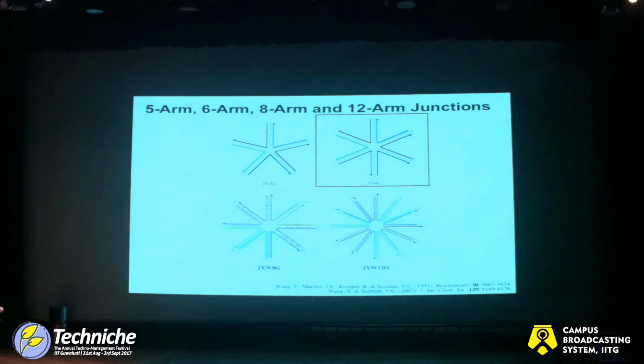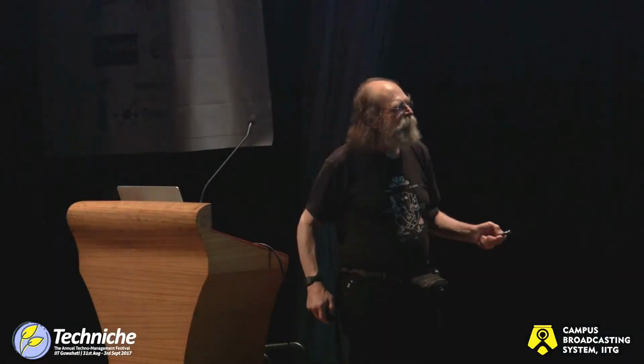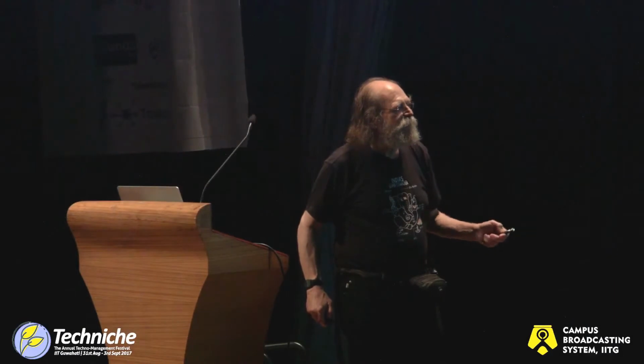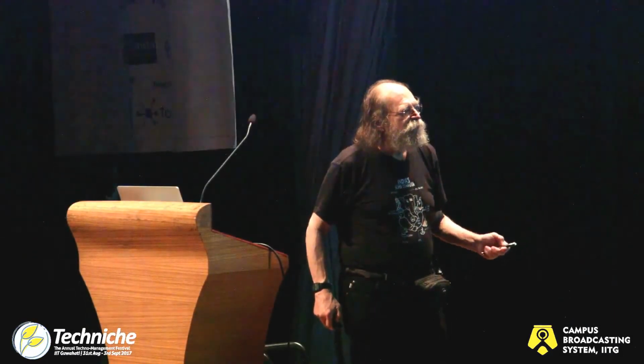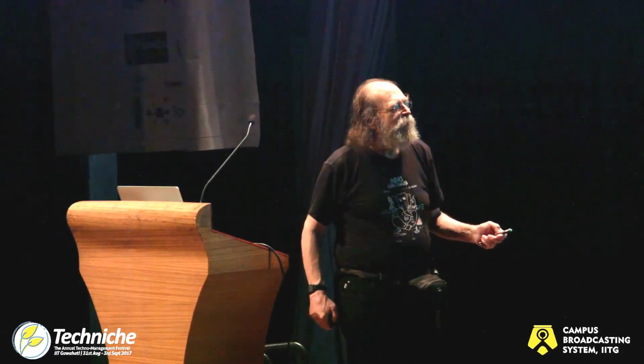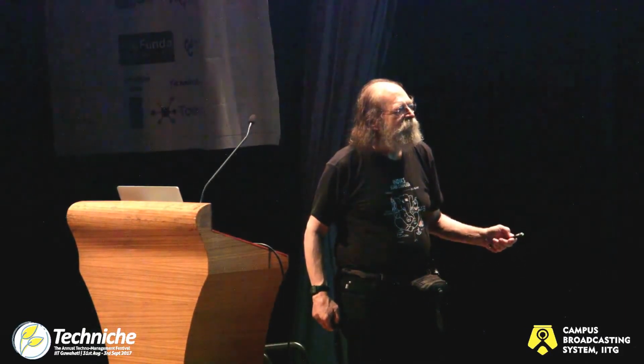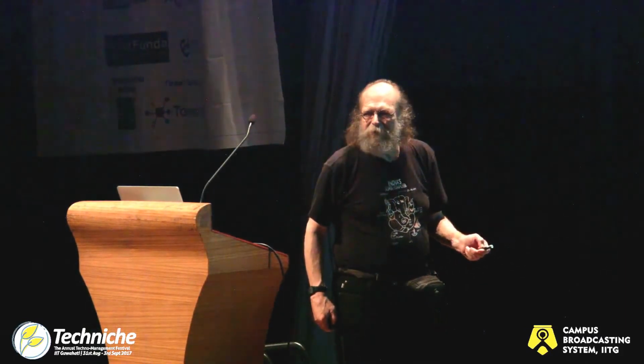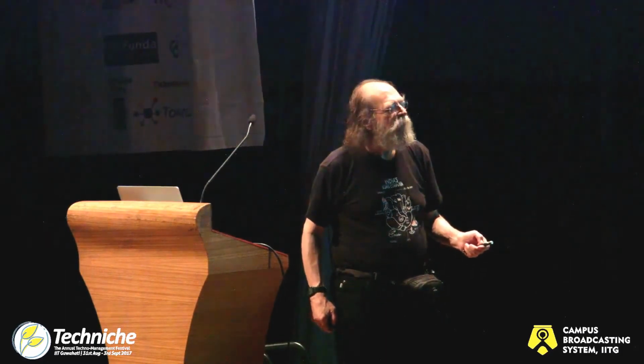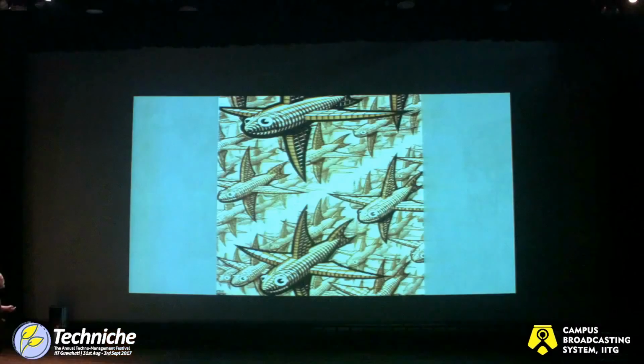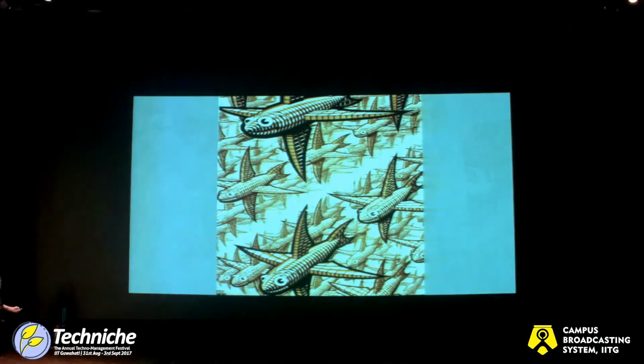Now, when I walked into the bar, I was thinking of them sort of like this, just a more or less planar object, because it's easy to draw it this way. But while I was having my beer, I think it was my first beer, I suddenly remembered this woodcut by Moritz Escher. And I realized that these fish are just like the 6-arm junction.